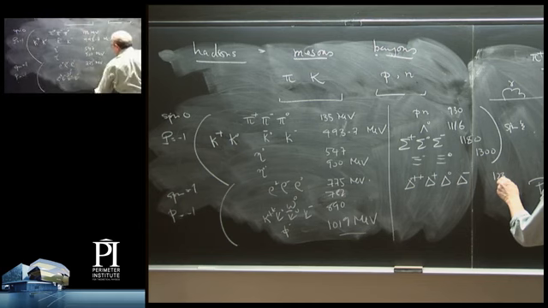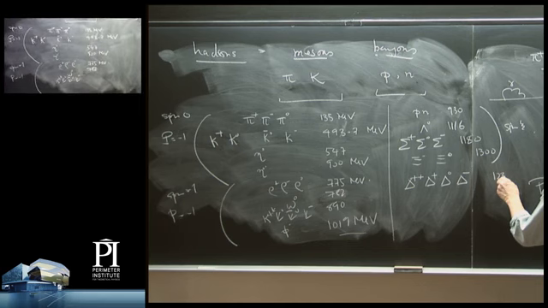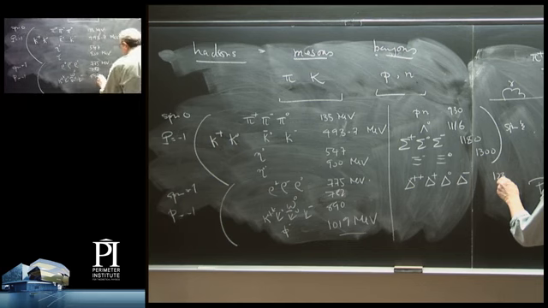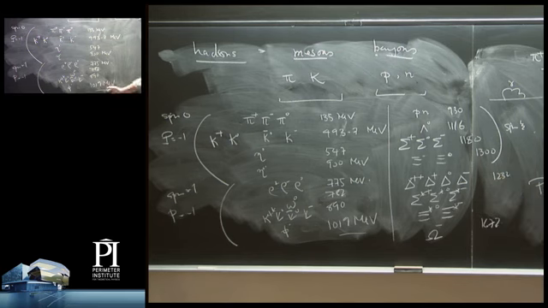These guys are at about 890. And then a particle called the phi, which is at 1019 MeV. Again, if you want the exact numbers, you can look them up or look in my lecture notes. The fact that there are 9 and they organize themselves in this way, we'll discuss in just a moment.